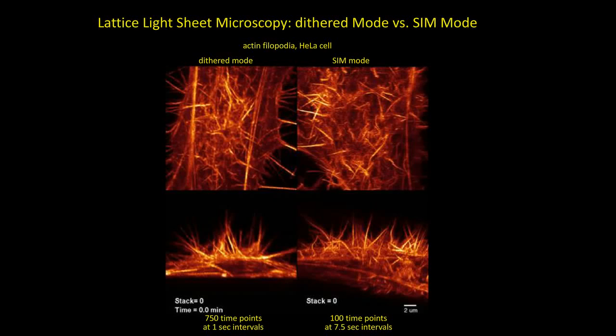If you look at the left panel, you will see the dithered mode, with a time stamp of a second interval. But if you look at the right one, it's like a 7.5 second interval. So as you can see, the temporal resolution is different. But spatial resolution wise, you can see the right one, the SIM mode, has a better spatial resolution.